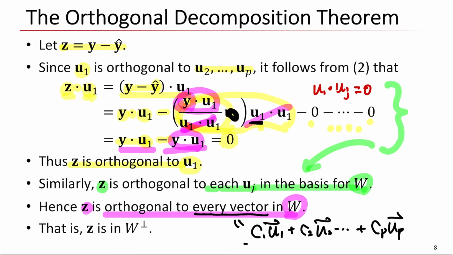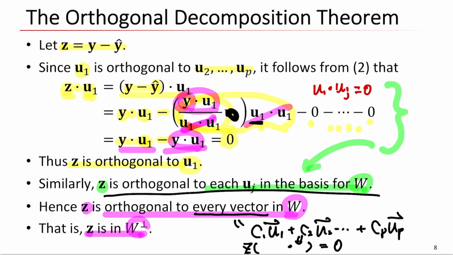Then z times this one is equal to 0, right? Because z is orthogonal to each of u1, u2, and up. So we can say that z is orthogonal to every vector in the W space, and that is, z is in the W perpendicular space, right?